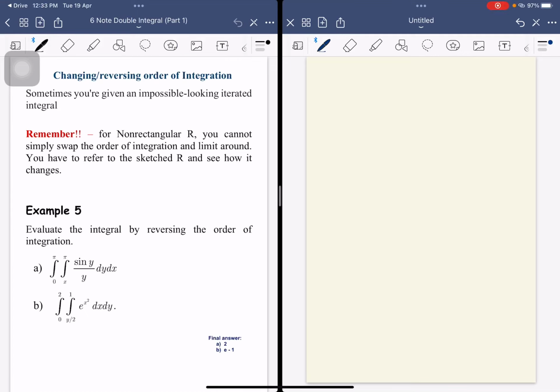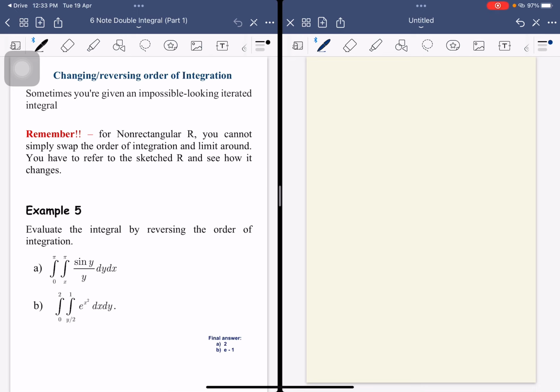Okay, so for the next part, on how we can reverse the order of integration, for you to be able to answer the question or solve the integrals. Where do we apply this kind of method?